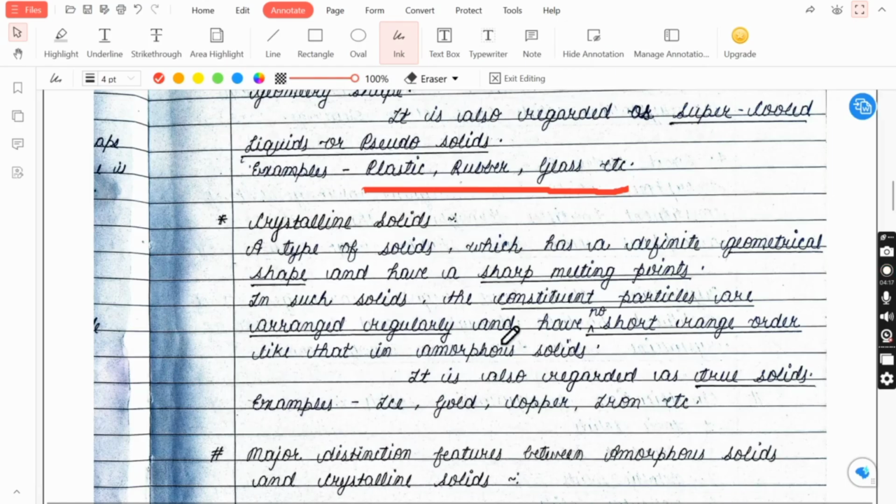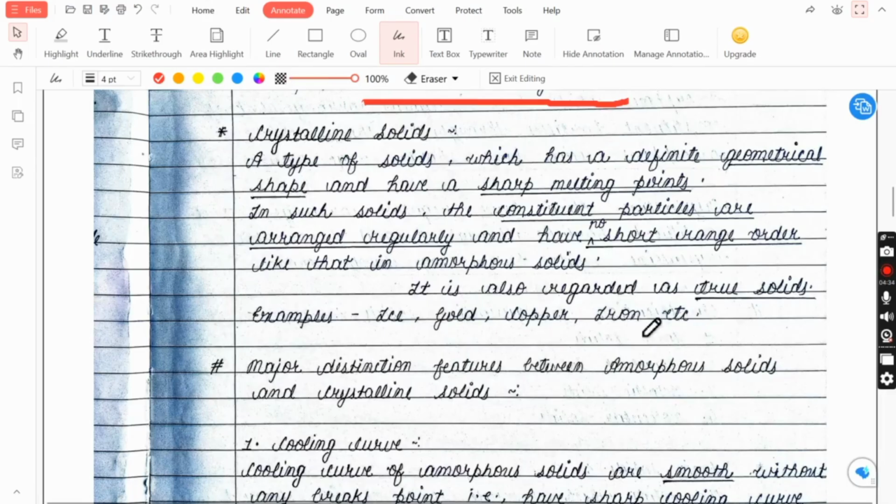The basic difference between amorphous and crystalline is that in amorphous there is no particular structure of the particles of the solid, but in crystalline solid there is a particular structure. They are arranged in a particular way in crystalline solids. They are also known as true solids, like we regularly use.